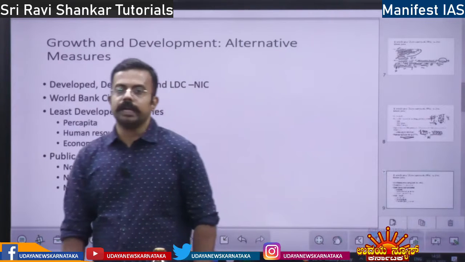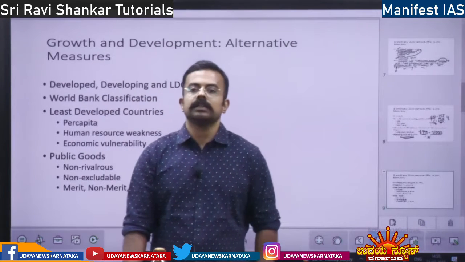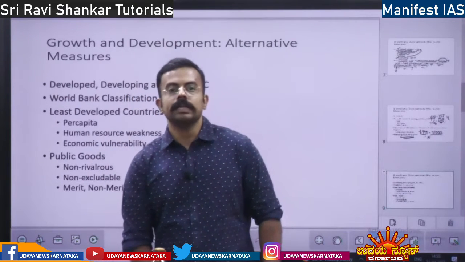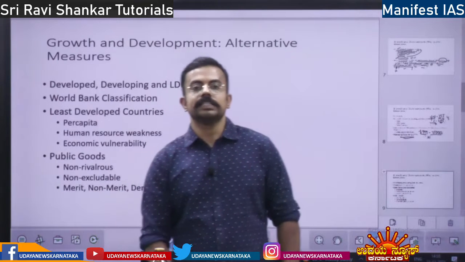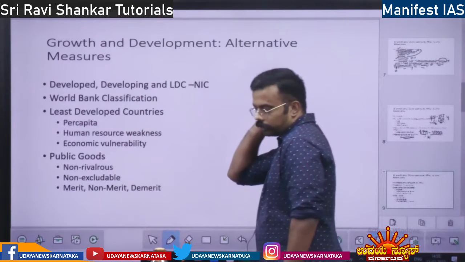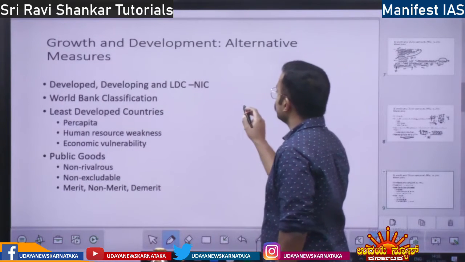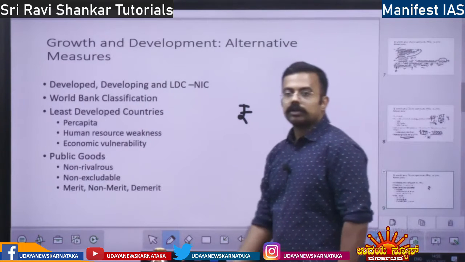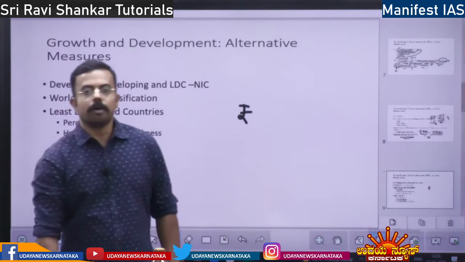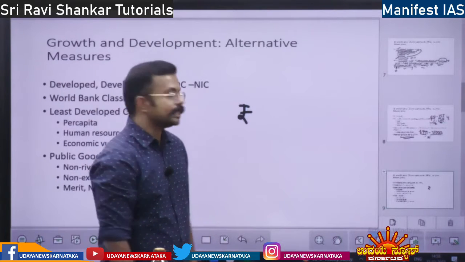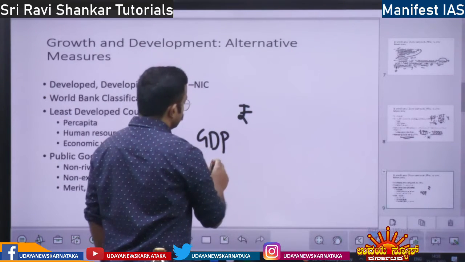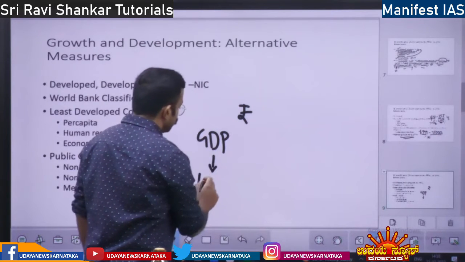When I told you India's GDP is worth 140 lakh crore in real terms, it means that we are measuring with respect to rupees, right? So if we compare the GDPs of all the countries, suppose the GDP of USA, let us assume, is $1,000.